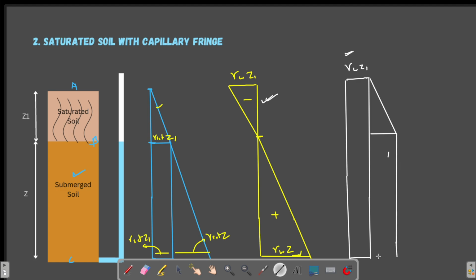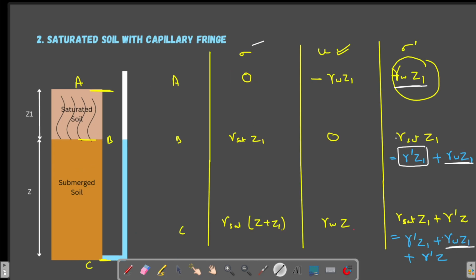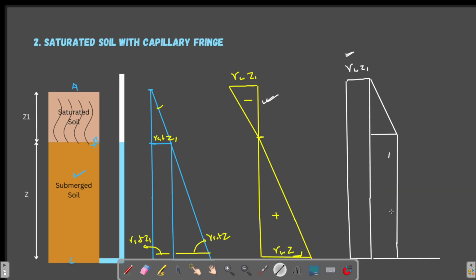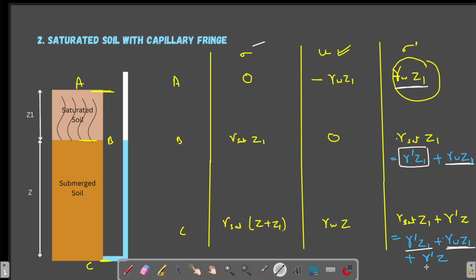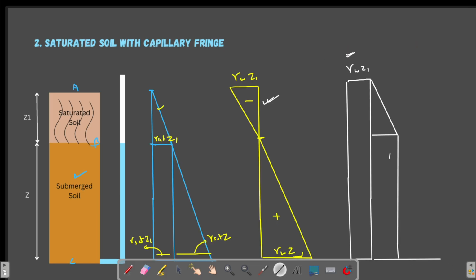And at last, at point C, we have already drawn gamma W into Z1. We have already drawn gamma submerged into Z1, and now we have to draw gamma submerged into Z. So now we'll continue this gamma submerged into Z.